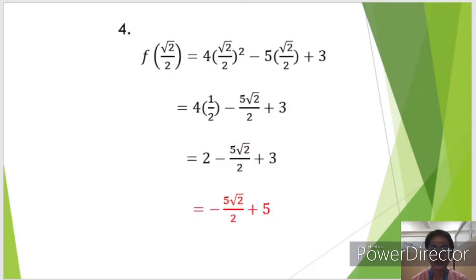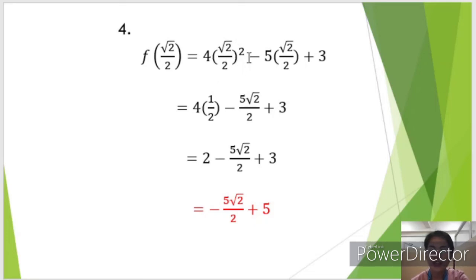Next, for number 4, f of square root of 2 over 2. So, we have 4 times square root of 2 over 2 squared minus 5 times square root of 2 over 2 plus 3. Then, we have square root of 2 over 2 squared.